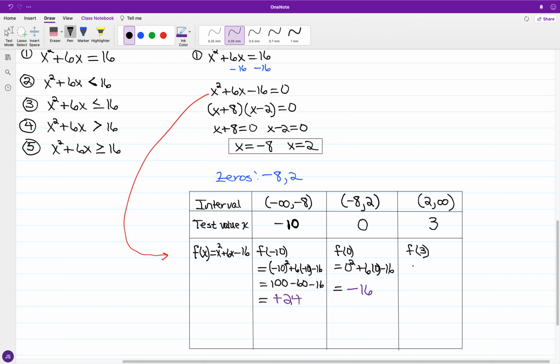And for f of 3, we have 3 squared plus 6 times 3 minus 16. 3 squared is 9, 6 times 3 is 18, and we have minus 16. So 9 plus 18 is 27, and then take away 16. For that difference, that is going to be 11.